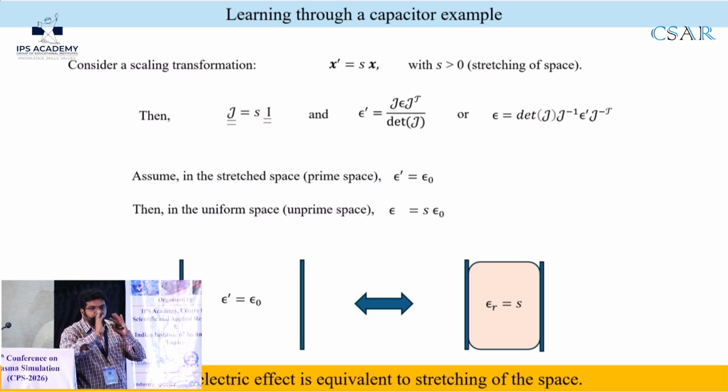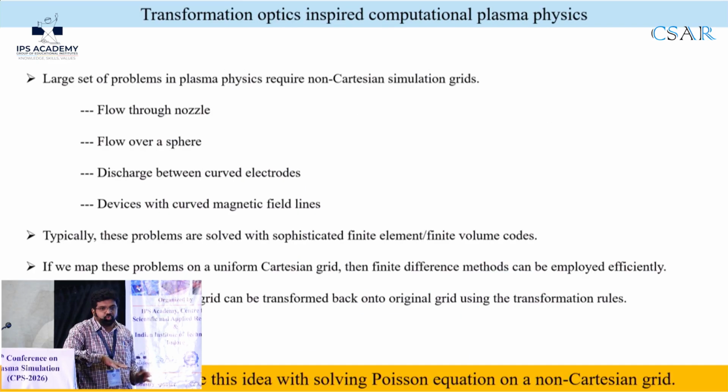So if you put a dielectric in between, that is essentially the same as putting in stretched space. This is the simplest idea one could think of. So how can we use this for our purpose, for example, in computational physics?